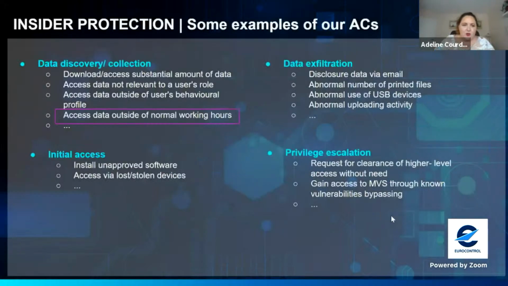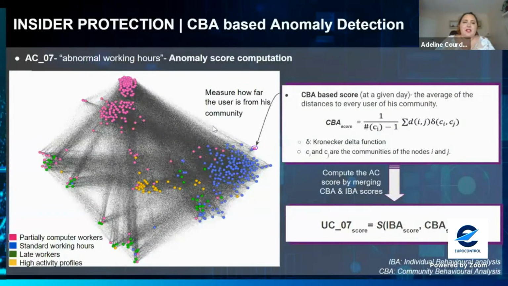So we have a full list of patterns that we can analyze thanks to our algorithm related to data collection, exfiltration, the first access, or privilege escalation, and so on. What I want to show you is an example which is quite simple: access of data outside of normal working hours, something that anybody can understand quite easily.